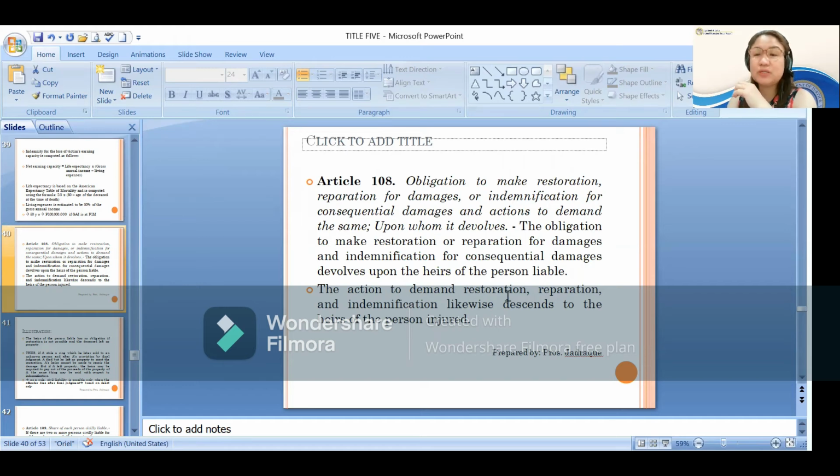And the action to demand restoration, reparation, and indemnification likewise descends to the heirs of the person injured, just in case that offended party died, for example.